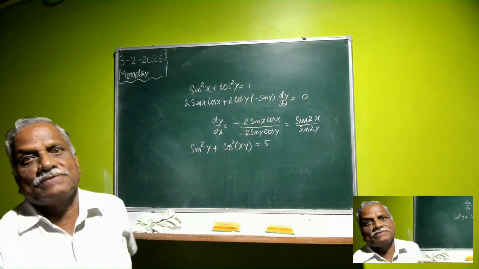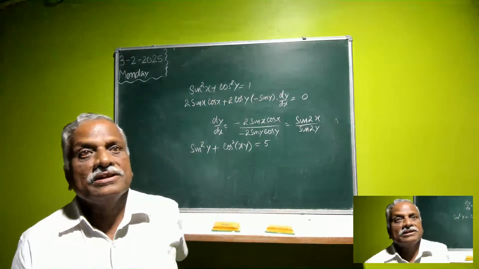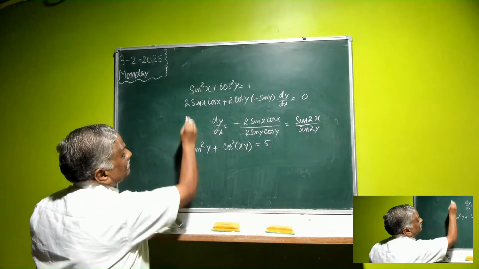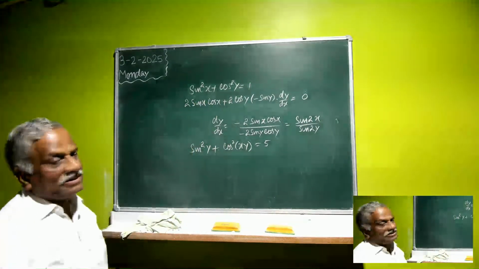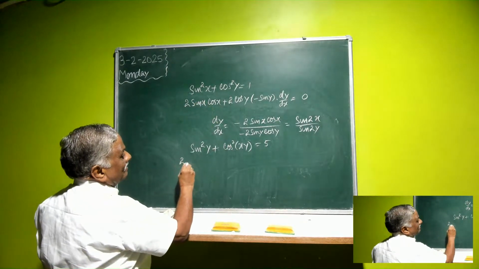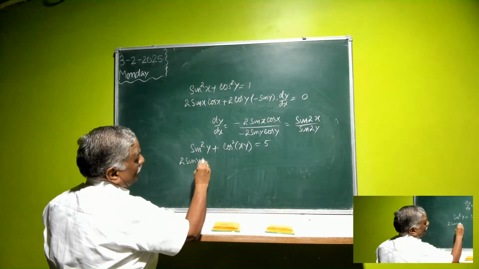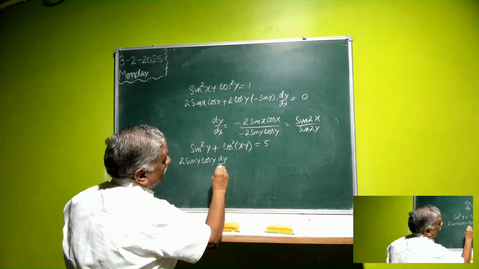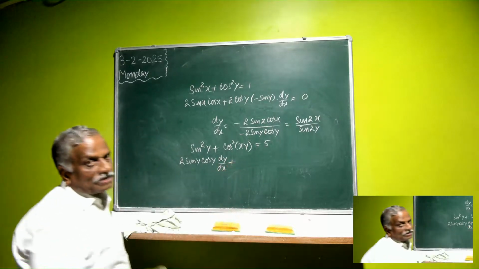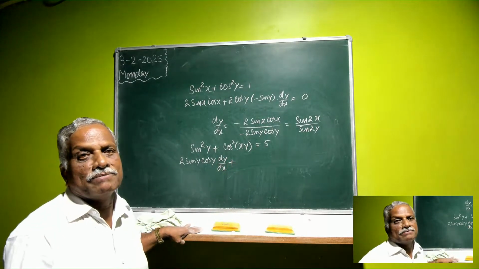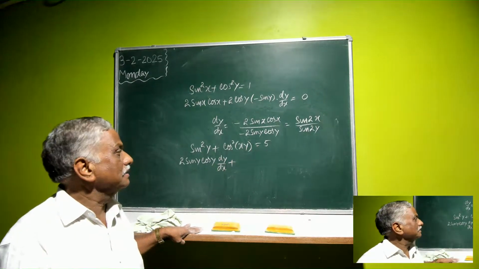The moment you see xy, you have got to use chain rule. So sin square y is the same thing as sin square x. Here it is 2 sin x cos x. Here it is 2 sin y cos y. You need not stop there. You have got to differentiate y also, dy by dx. Remember, whenever you are differentiating a y term, you have to multiply by dy by dx.